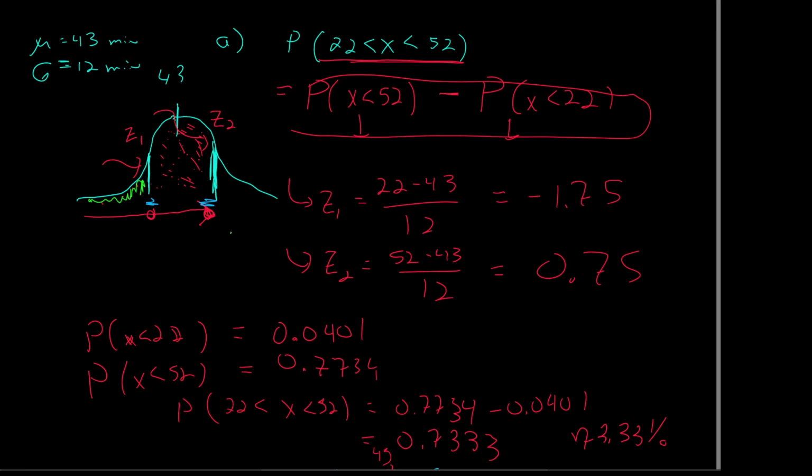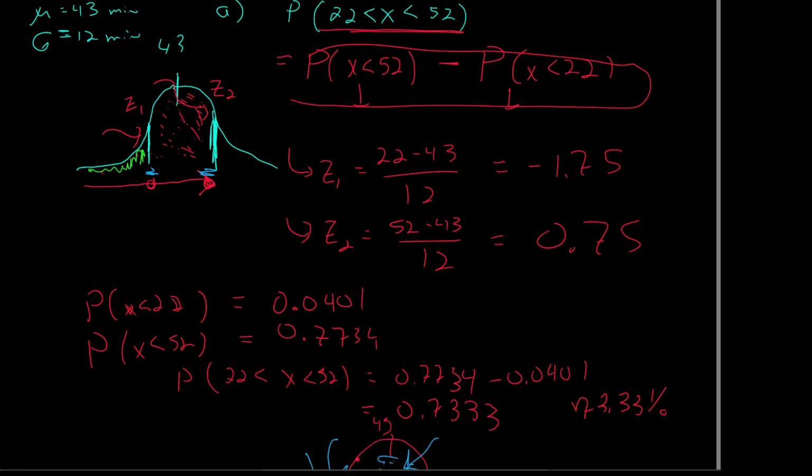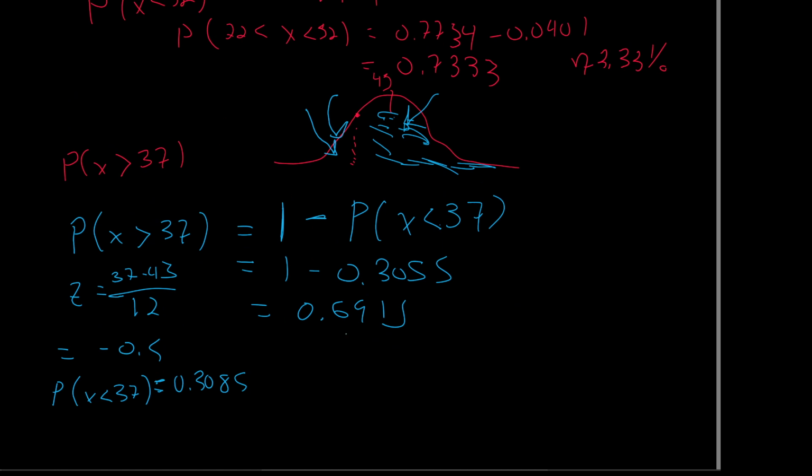Now, Excel is really nice. Excel has a function for this, which we'll explore more, which is similar to the binomial distribution. It's the normal distribution. And then you want your x value. So in this case, it would be 37. Then it wants our mean, which would be 43. Notice the commas.